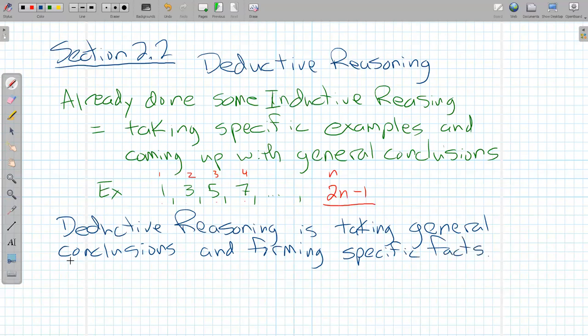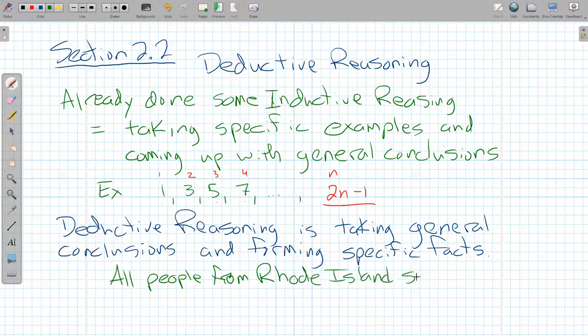So an example of deductive reasoning, and we'll do a bunch of examples like this today, would be to take a statement like: all people from Rhode Island spell poorly.